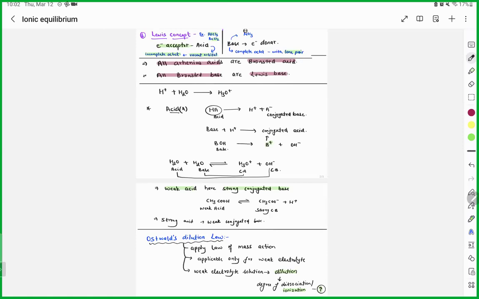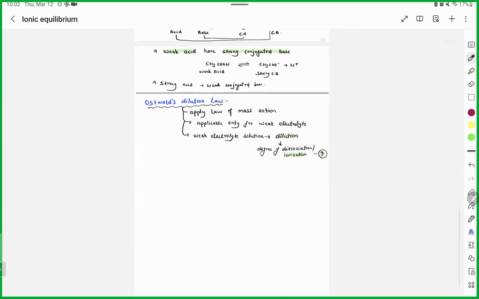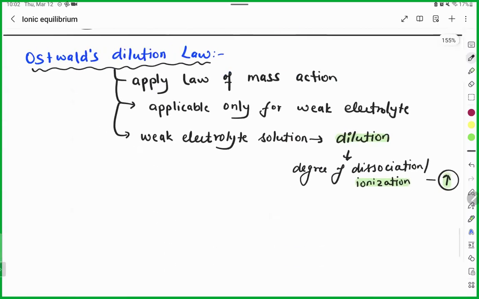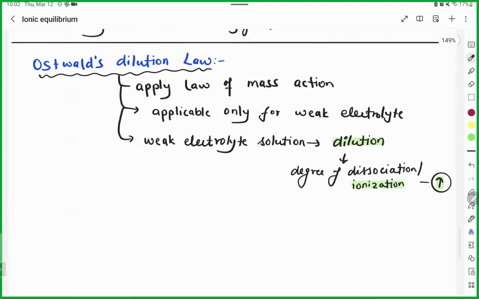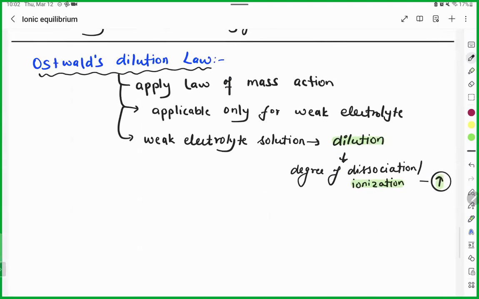Yes, sir, took it. Now I'll tell you Ostwald dilution law because this is important. Sir, you are doing an important job. Ostwald dilution law is the most popular topic of this chapter. In this topic, we apply the law of mass action, which we studied in the last chapter. This Ostwald dilution law is applied only to weak electrolytes.